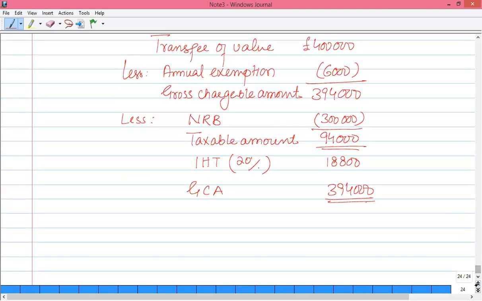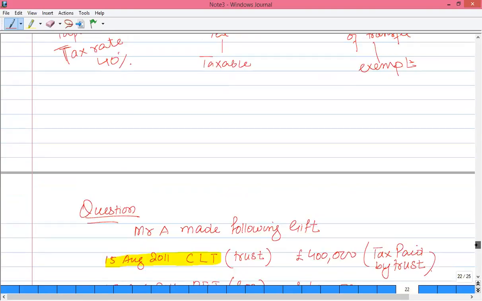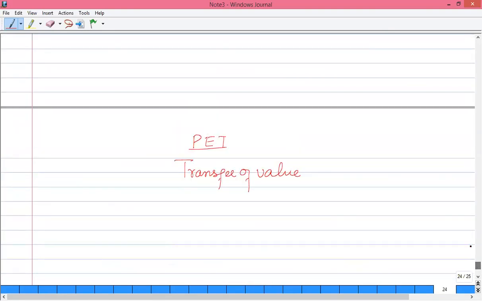Now, as far as the PET is concerned, in the year when the PET is made, there is a transfer of value, and that transfer of value in the case of the PET was 4,50,000.